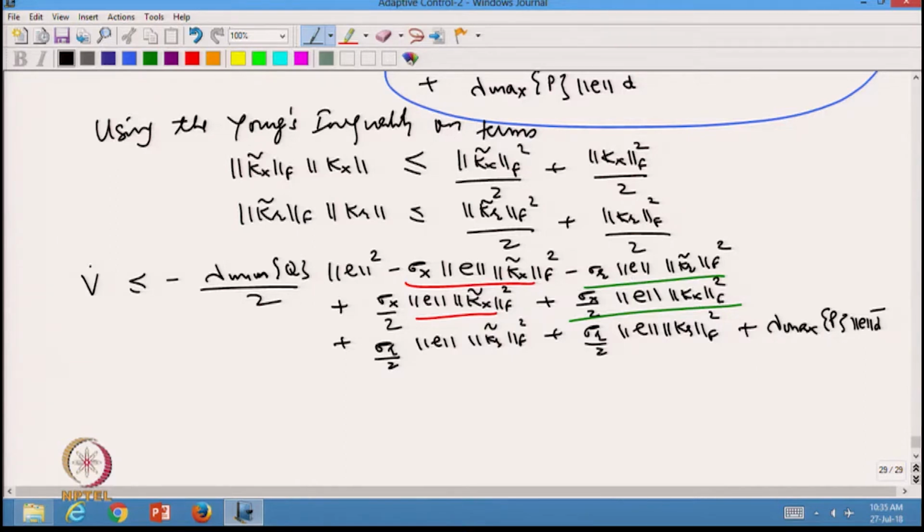Then we can take norm of E outside and see what we get. So we hope that we would be able to prove that V dot is less than or equal to 0 under some conditions. So let's see what those conditions come out to be.